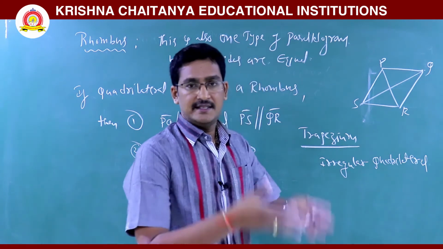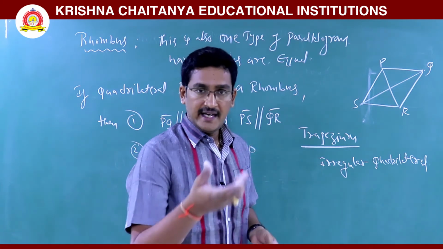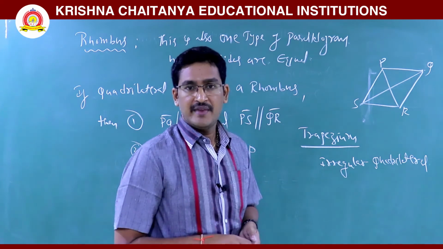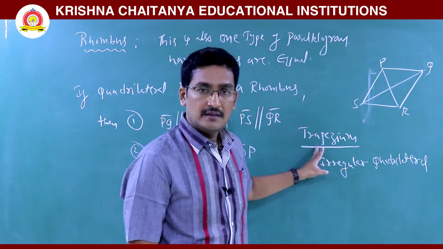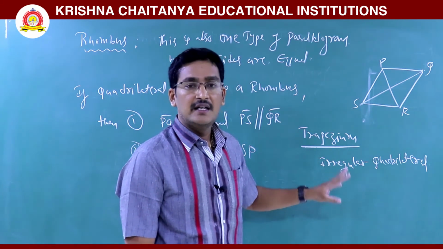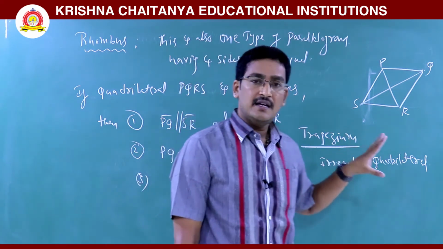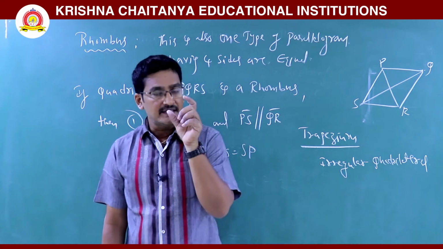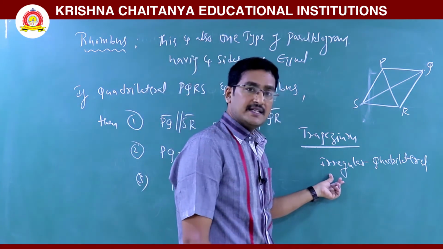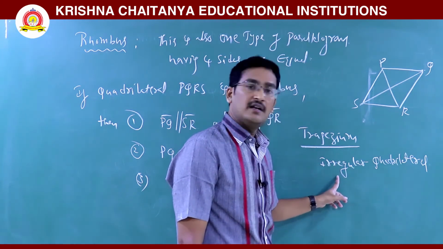There are some similarities there: opposite sides are parallel, all sides are equal, the angle between two adjacent sides is perpendicular. But in the trapezium, it is not. It does not have any similarity of lengths and angles of the sides.